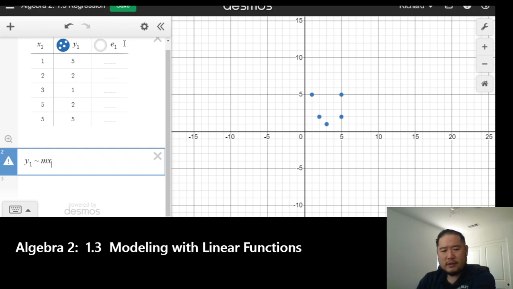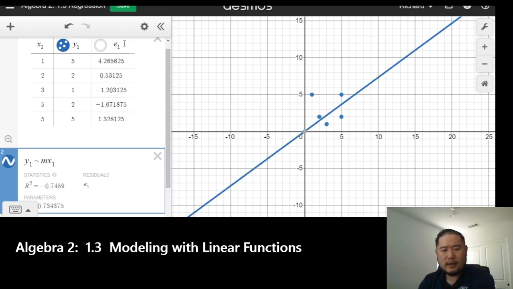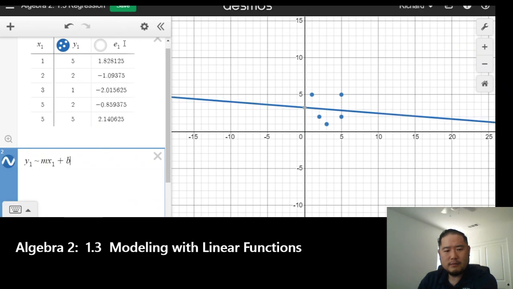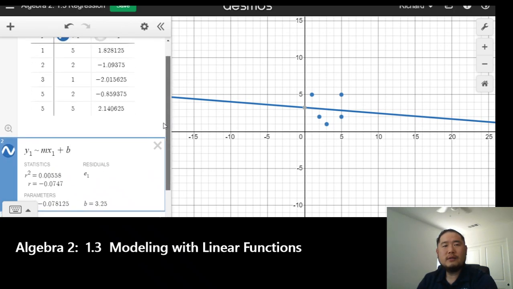I'll use Shift, press the line, and press 1, and that gets me my subscript. And then we're going to go ahead and put plus B. So there you have it, Y sub 1 tilde mx sub 1 plus B.